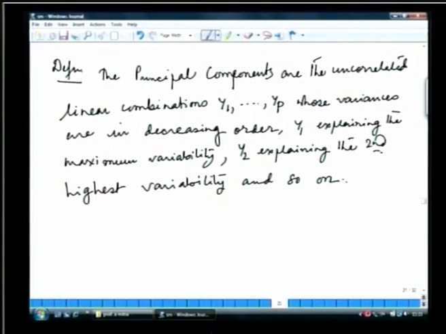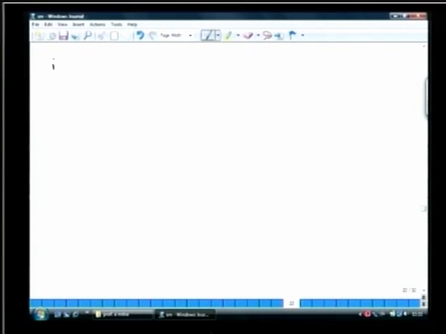Let us now try to sum up the situation. The first principal component, the first PC, is the linear combination. We are using the notation y for the principal components.